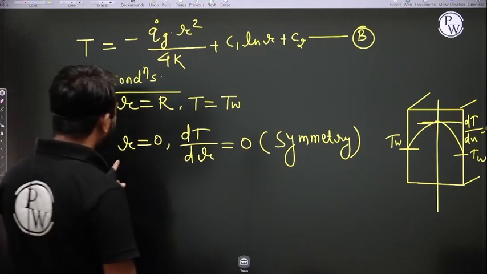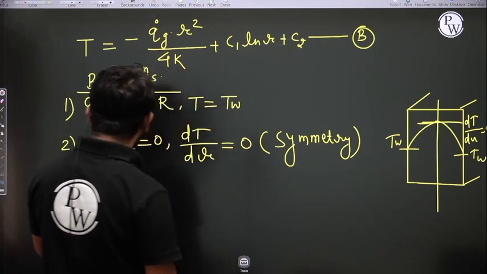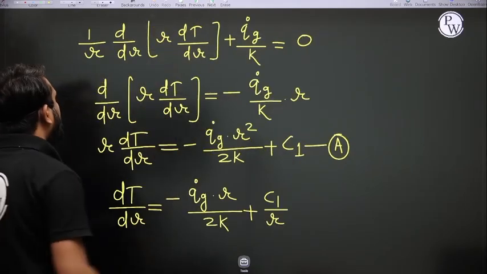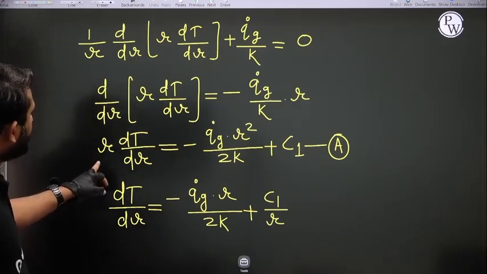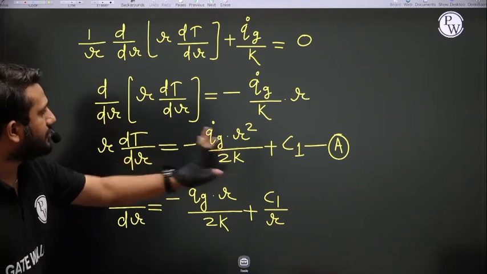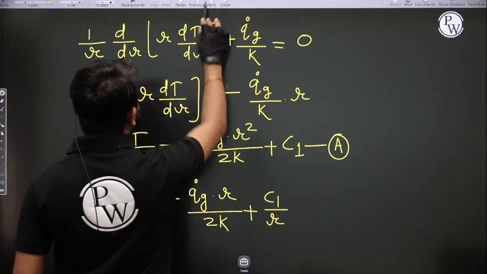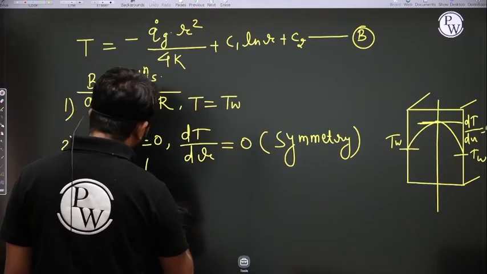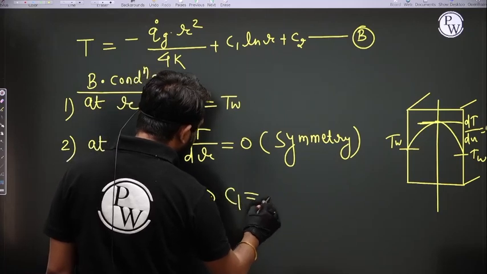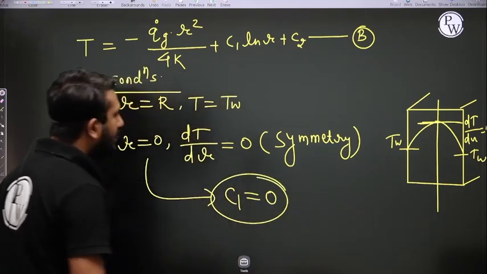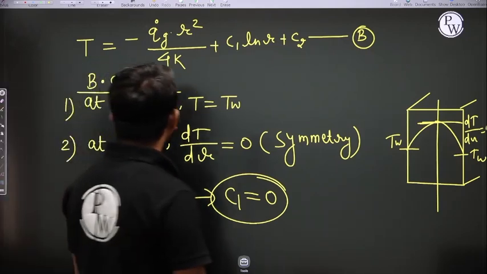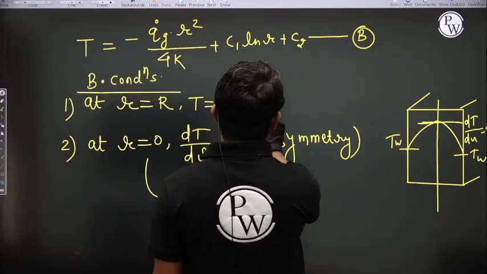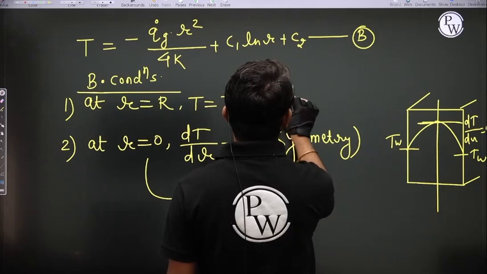So if you use the second boundary condition, at r equal to 0, dT by dr is equal to 0, that gives C1 equal to 0. And from the first boundary condition, what is C2?